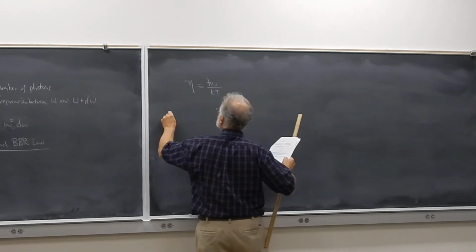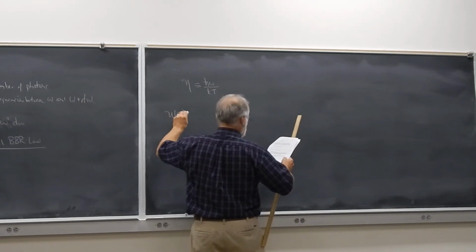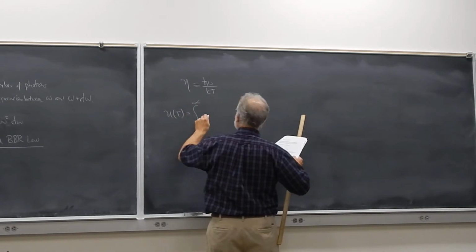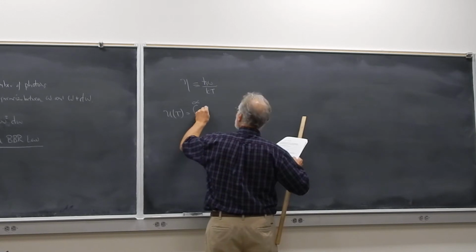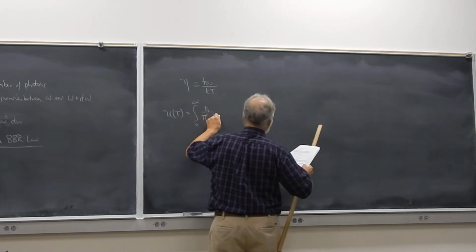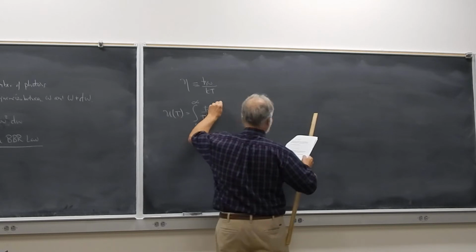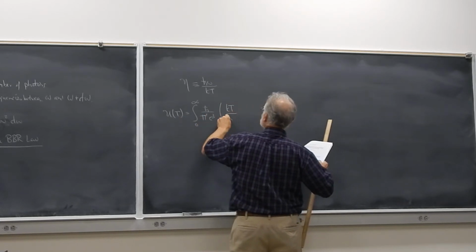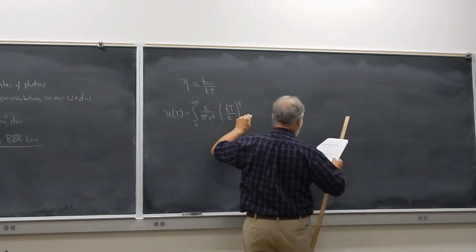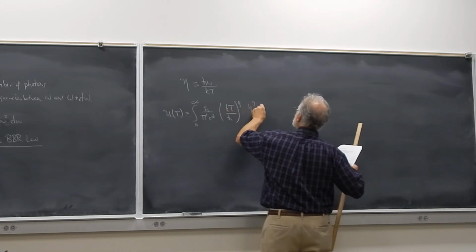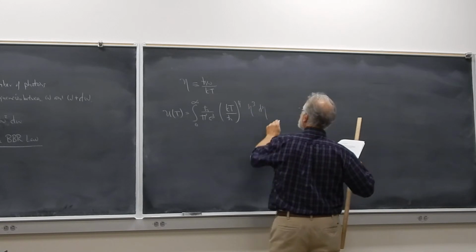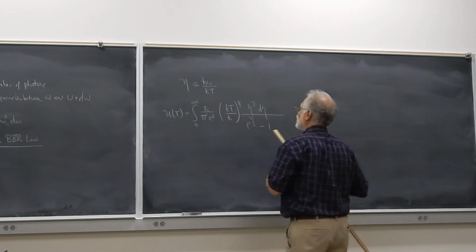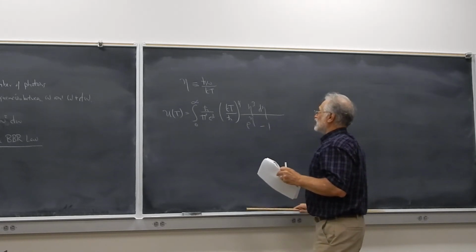My integral is going to look like u of T is equal to the integral from 0 to infinity of h bar over pi squared c cubed, kT over h bar all to the 4th, eta cubed d eta over e to the eta minus 1. Okay, so this is the expression we have to integrate.